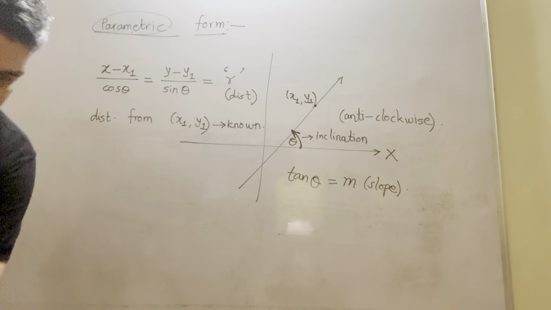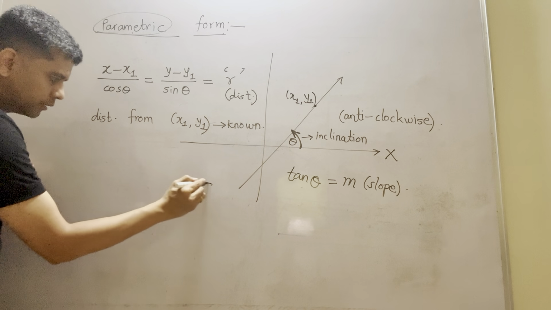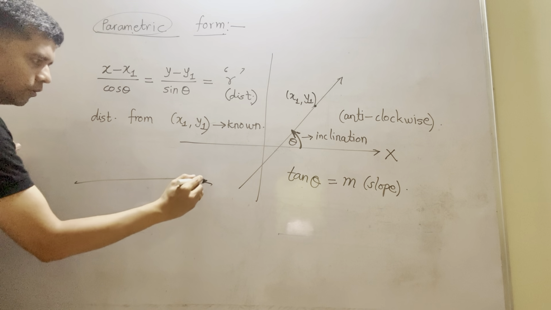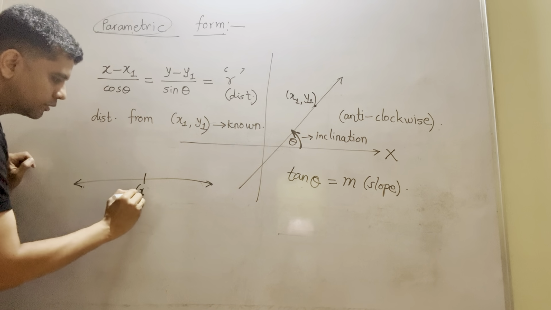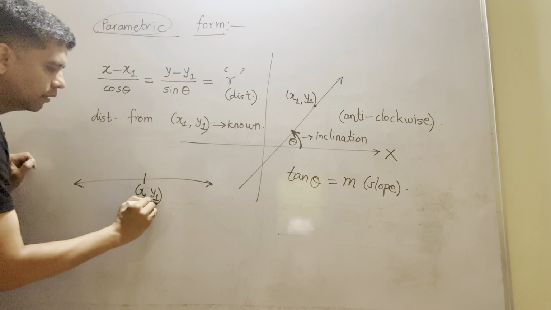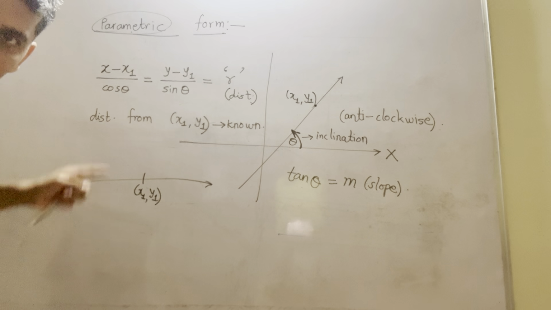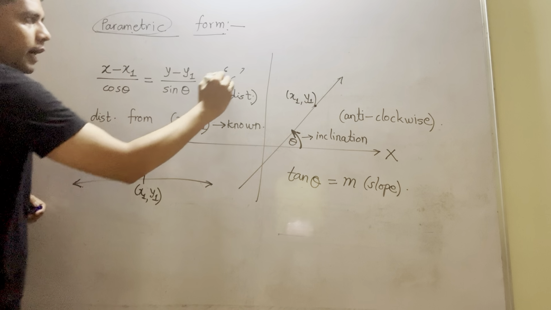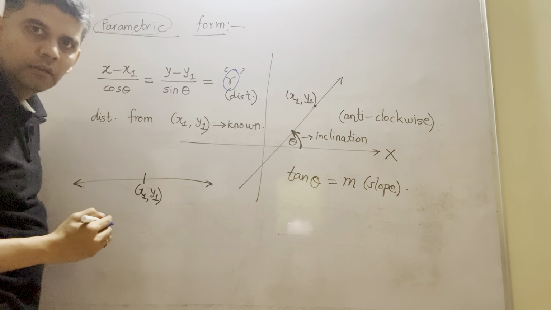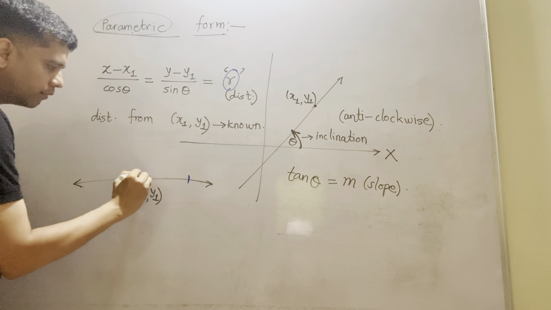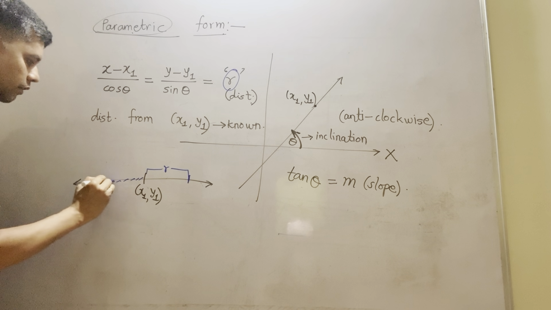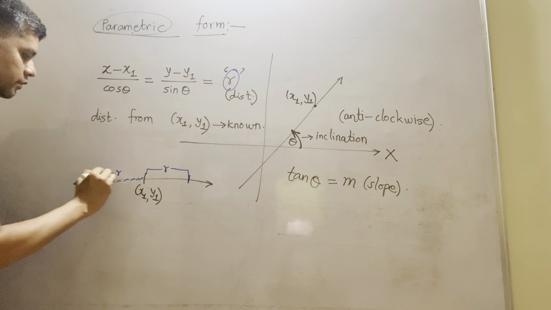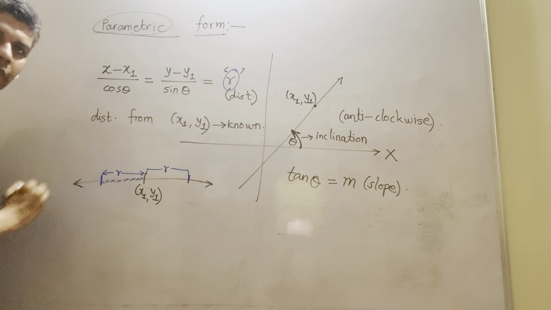Okay, now just to make things clear, let us look at this same line, but I've drawn it this way to make you understand easily. Suppose this is the fixed point x1, y1. Then how many points on this line are at a distance of r units? You can see there is one point here which is r units away, and there is another point here which is also r units away, right?